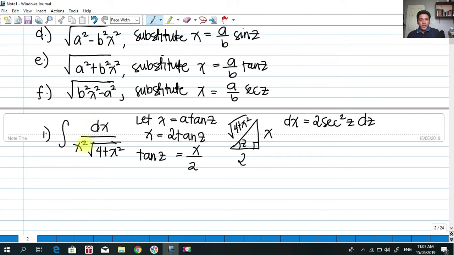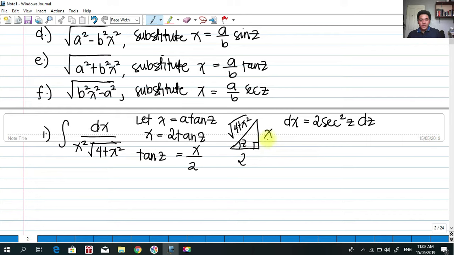And how are we going to get the square root of 4 plus x squared? Well, by looking at this triangle. As much as possible, we want to avoid this side which has an x, so we use this side with respect to z. In avoiding this, we cannot use sine because sine has an opposite, and we cannot use cosecant because it has an opposite.